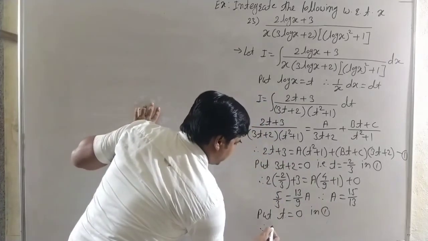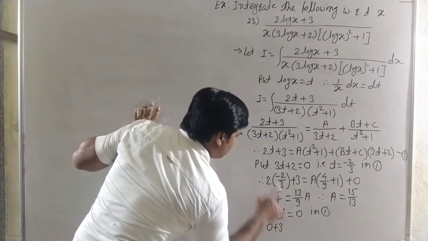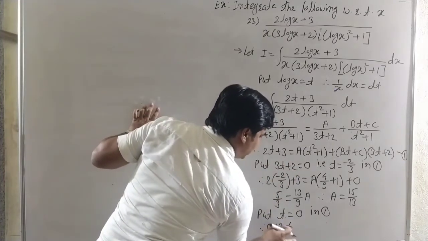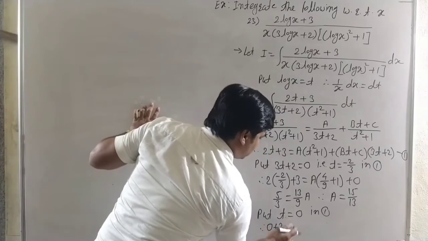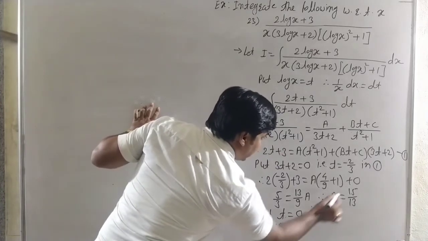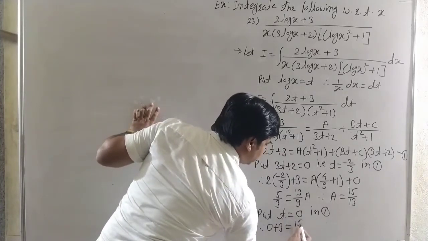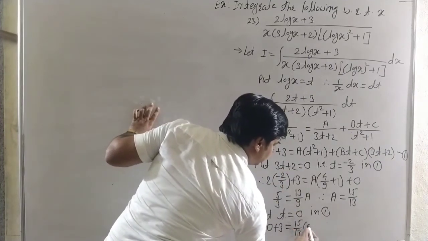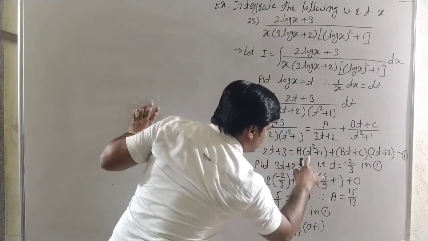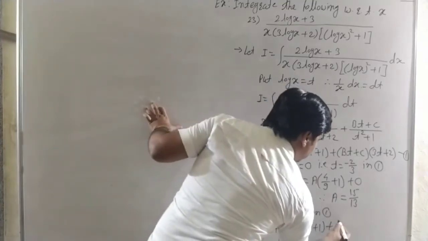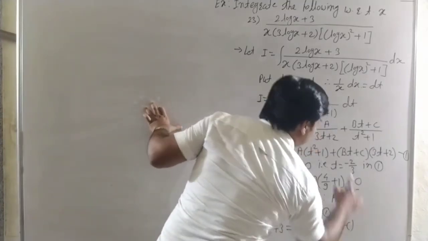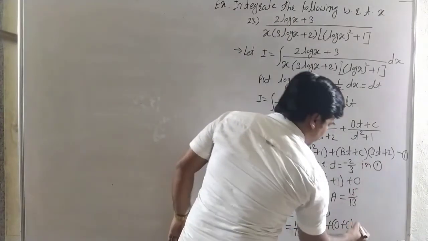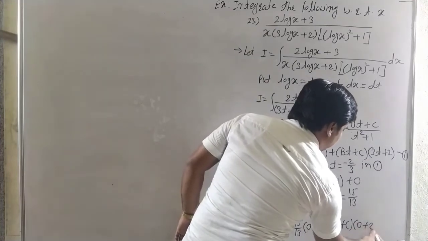Therefore we get 0 plus 3 is equal to a, that is 15 by 13, into (0 plus 1), plus (0 plus c) into (0 plus 2).